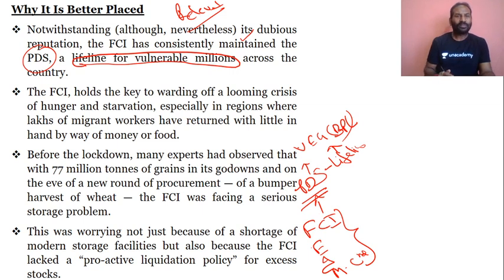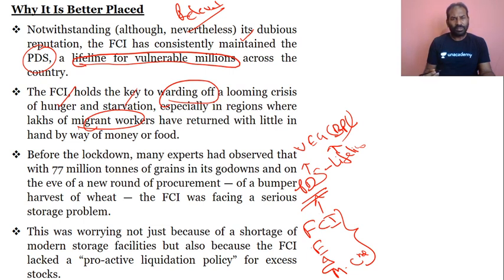Please respond. And the FCI holds the key to warding off the looming crisis. So what crisis are we talking about? That is hunger and starvation. Okay, thank you, Shreyas also, Janavi also. And then especially during COVID-19, the migrant workers, because of the national lockdown, were moving thousands, hundreds of thousands of kilometers.